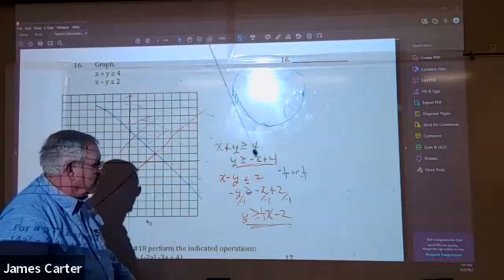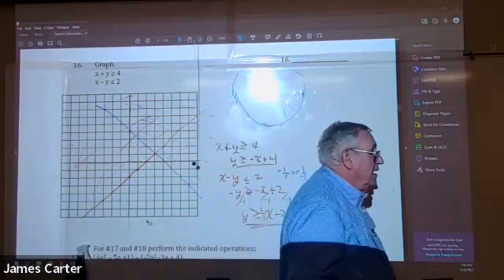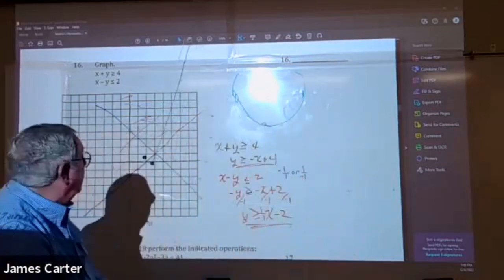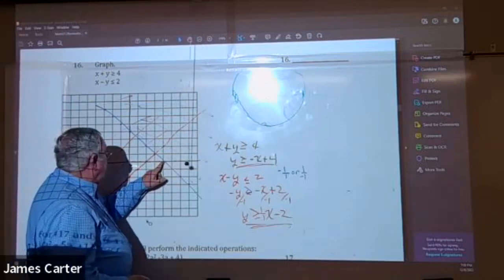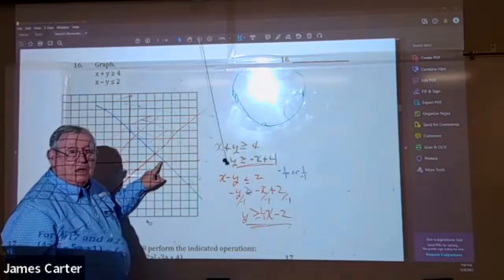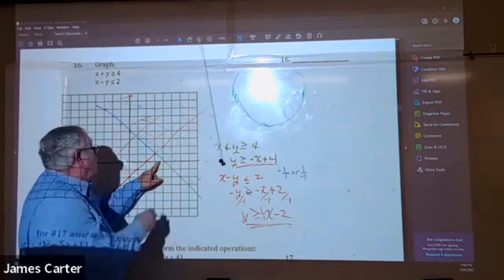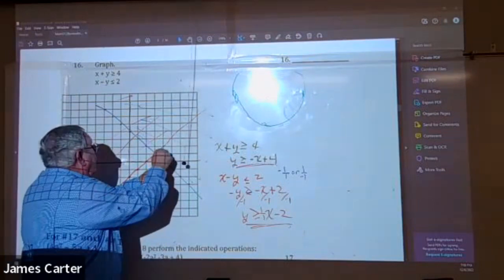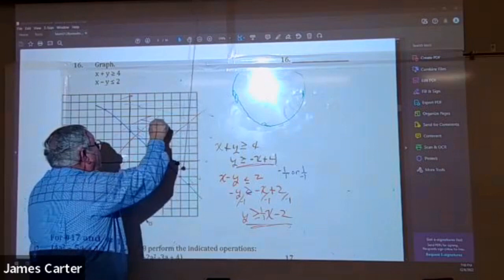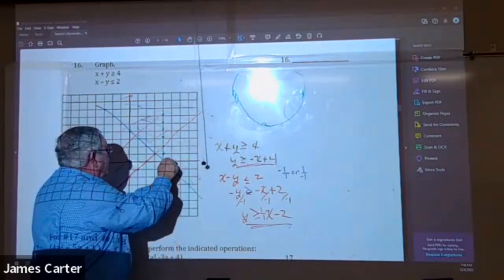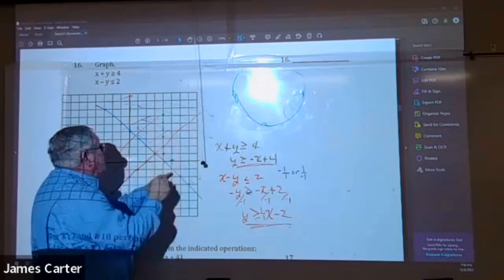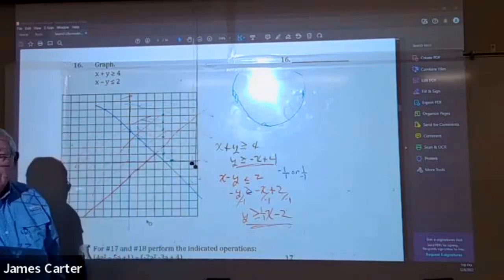Okay, right here, y is 0. Where is y greater than 0? Right there, and right there, and right there. Where is y greater than here? Right there, right there, right there. That's why it's up there.